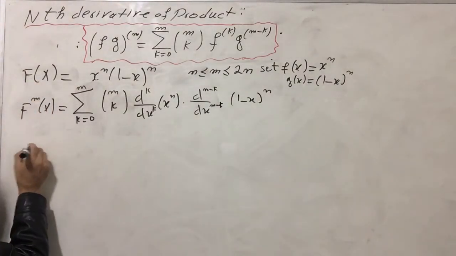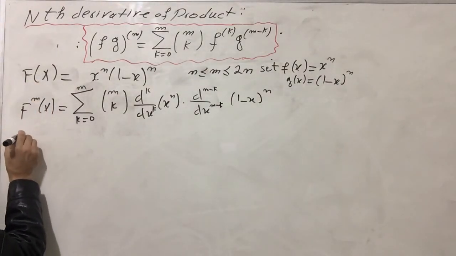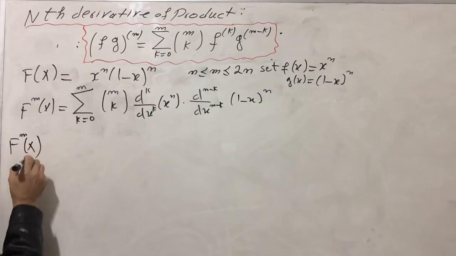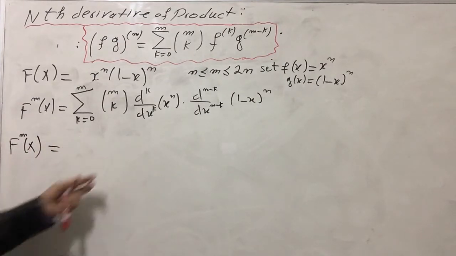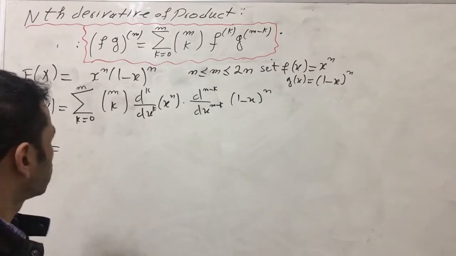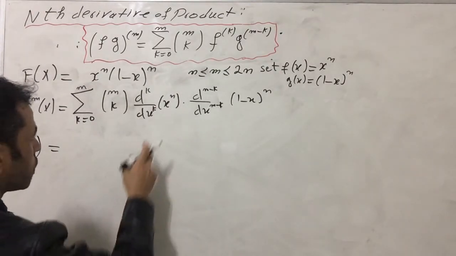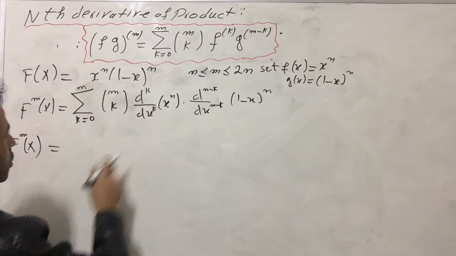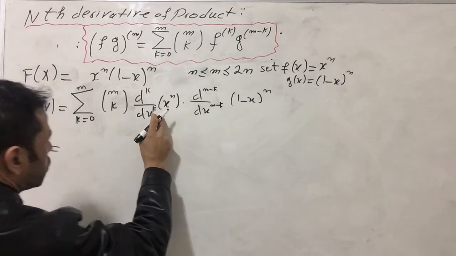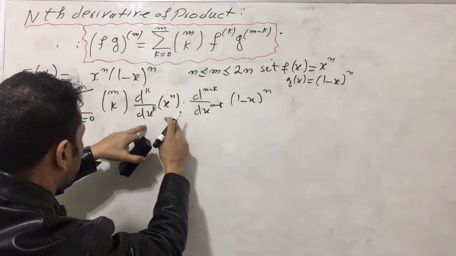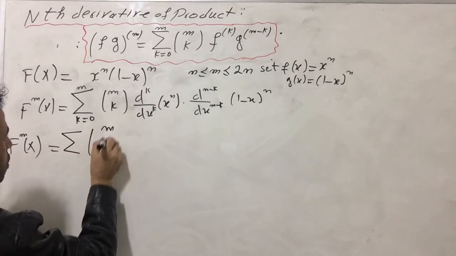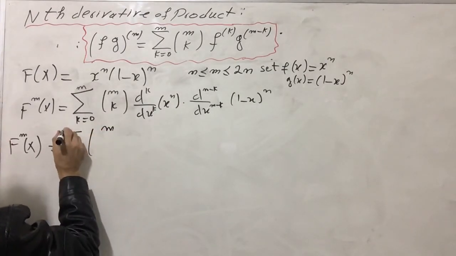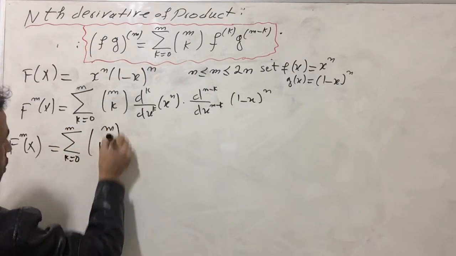So this one, I will have the derivative of order m equal to, now I'm applying my derivative. If you take a look here, I will have the same sum as k goes from 0 to n, n choose k.